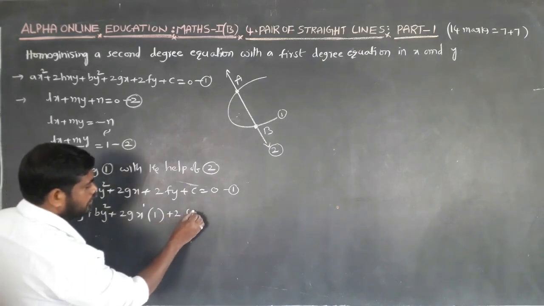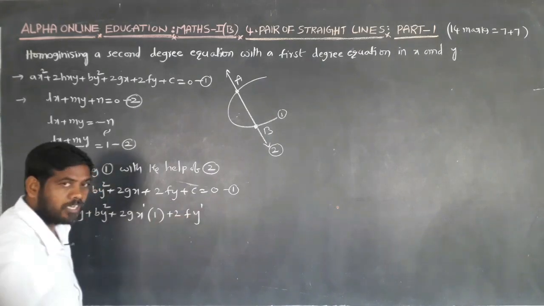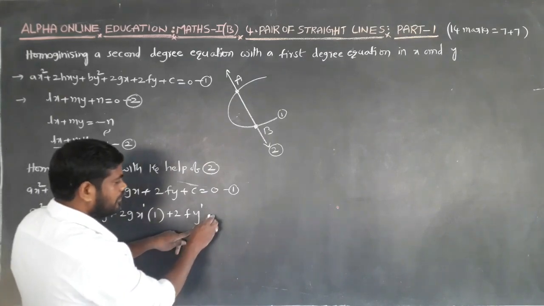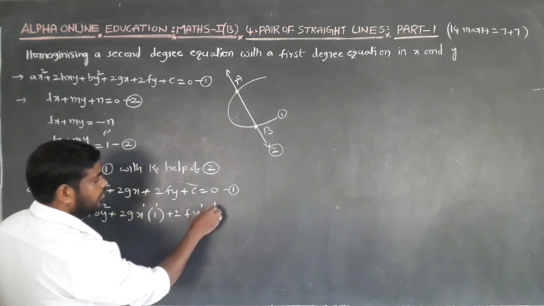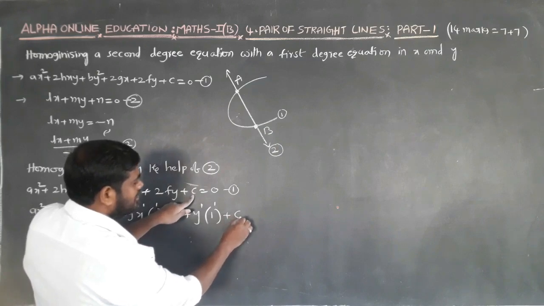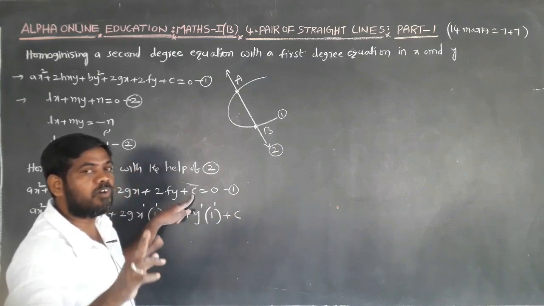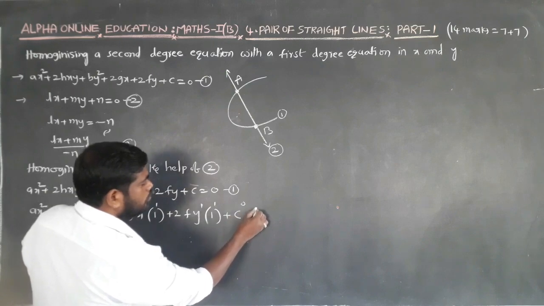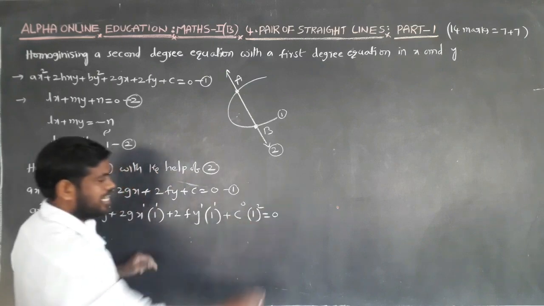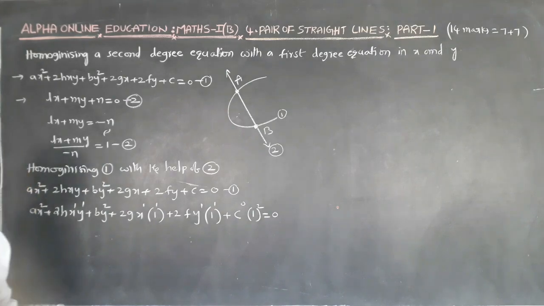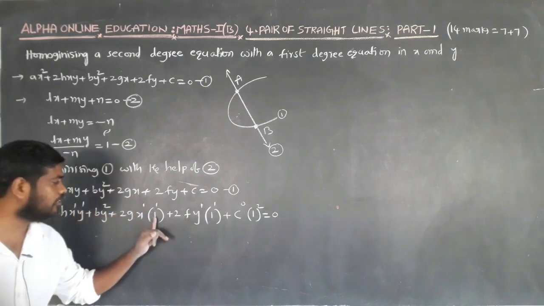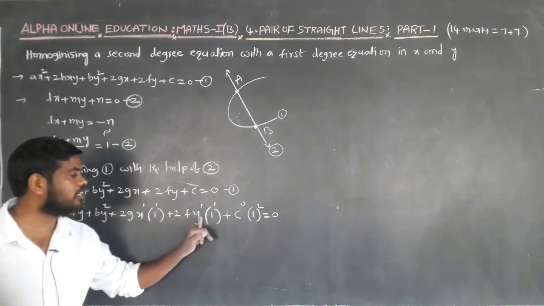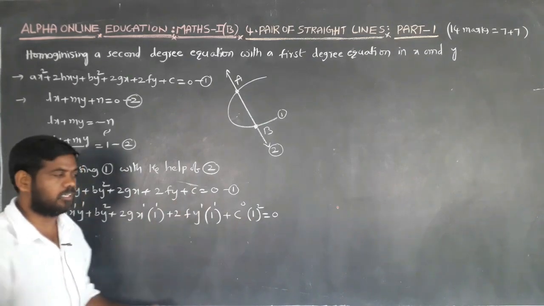Plus 2fy: y power is 1, so multiply the y term by 1. Plus c is the constant: here x and y powers are 0, so multiply by 1 square. So ax square, 2hxy, by square stay the same, 2gx into 1, plus 2fy into 1, plus constant into 1 square.